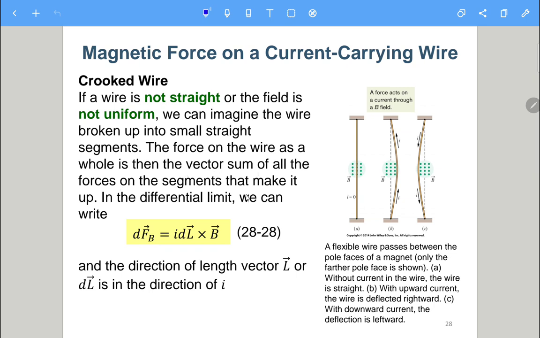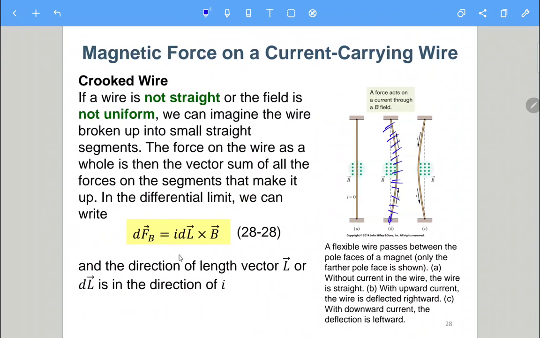This is something like what we have done in chapter 22. So if it's not a straight line, we will separate it into many small segments and deal with each part independently, which is like dF_B equals I dl cross B. So each part is a small dl, and then I dl cross B will be dF_B, something like this.